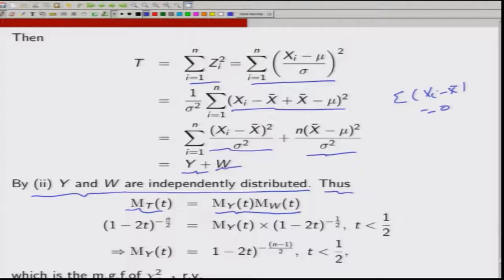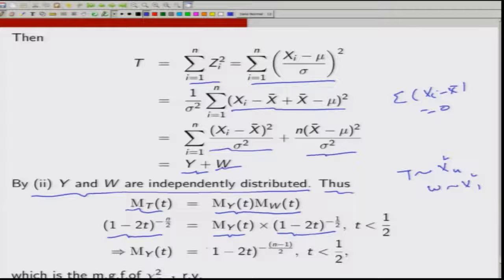But t, I know, is chi-square on n, so its moment generating function is (1 minus 2t) to the power minus n by 2, because we have seen that t is chi-square on n. This is the same as M_y(t) times that of w, and w we have seen is chi-square on 1, so its moment generating function would be (1 minus 2t) to the power minus half.